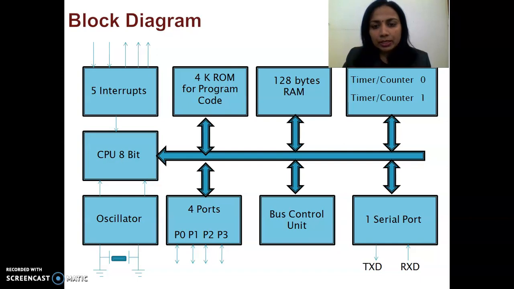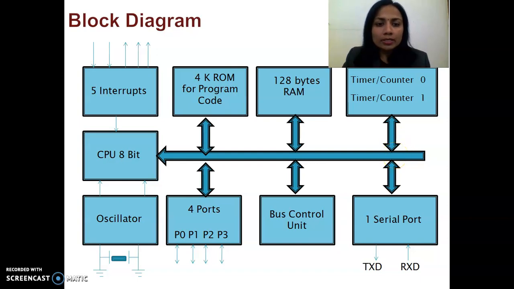The second section is of 16 bytes, which is called the bit addressable area. The third section is called the scratchpad or general purpose area. The remaining 80 bytes are reserved as a general purpose area.